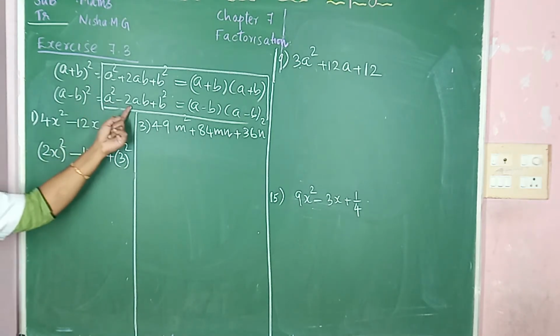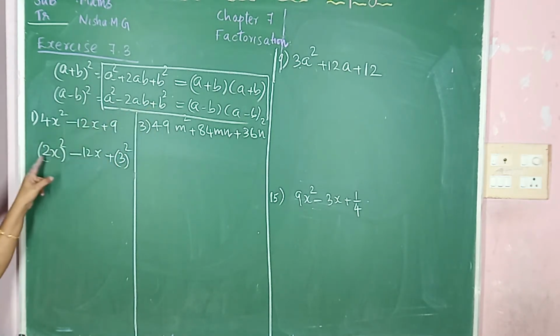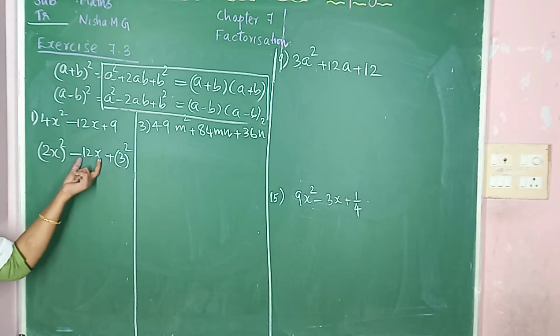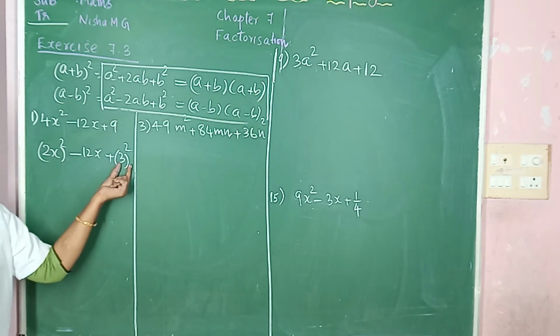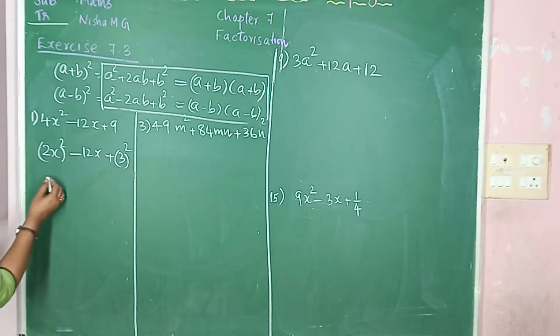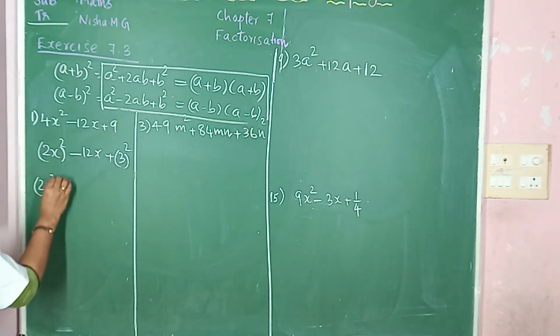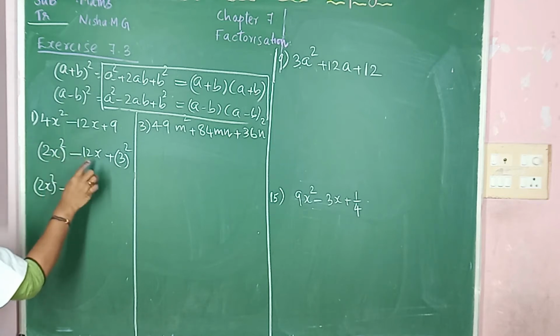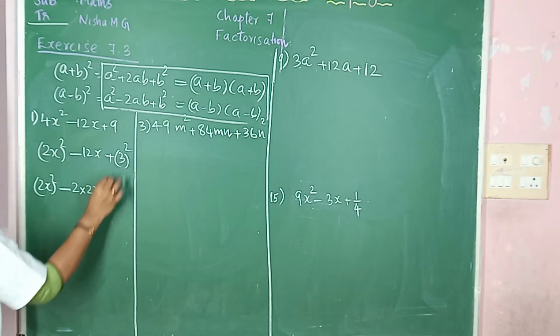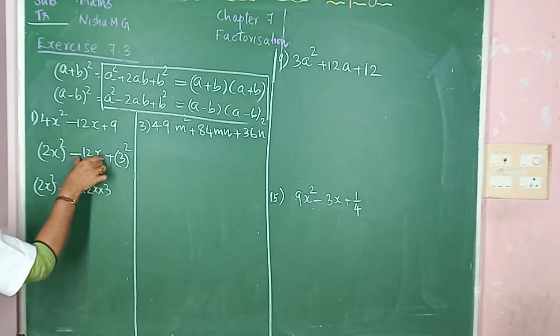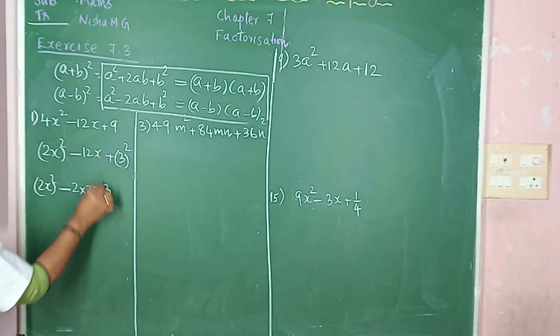This will be 2ab: 2 into first term into second term. So 12x is 2 into 2x into 3. Let us check whether we are getting 12x. 2 into 2, 4. 4 into 3, 12. 12x, correct.